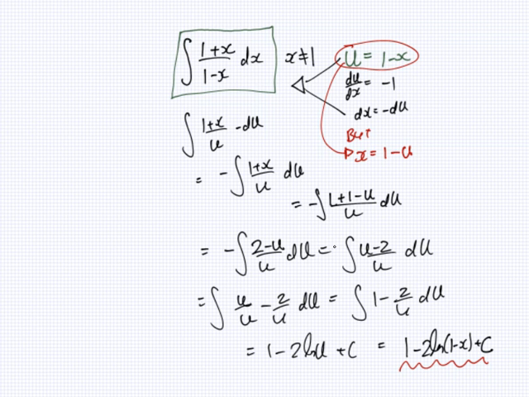I don't quite think you got that, Lee, did you? No. Did anybody get that? I got u minus 2 over u du. But did you get to here? No. What went wrong? u minus 2 over u.